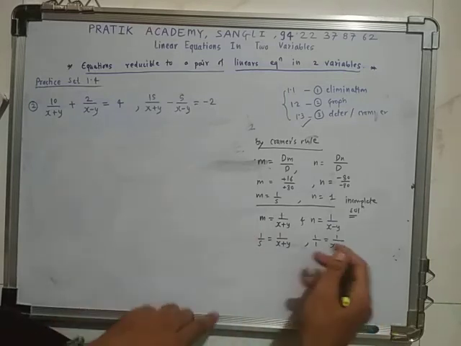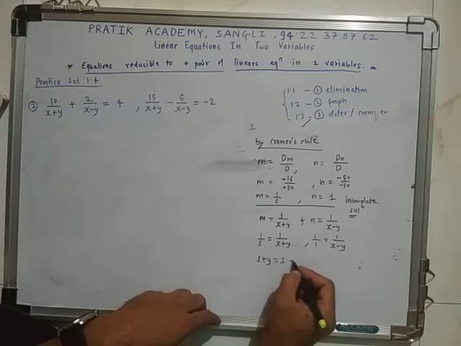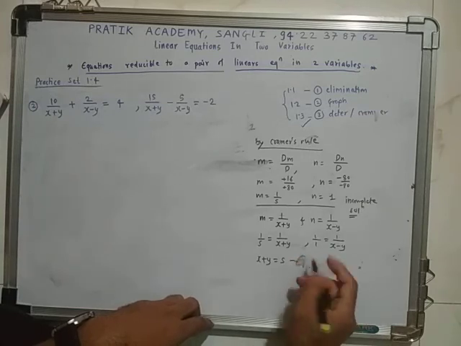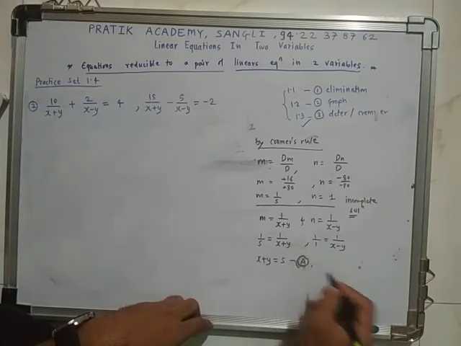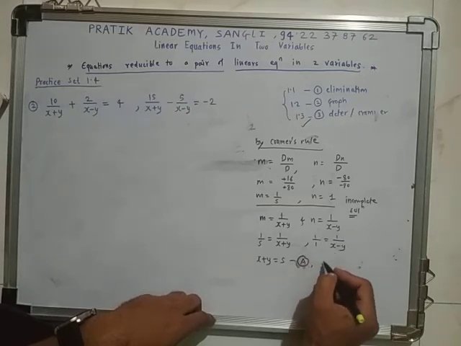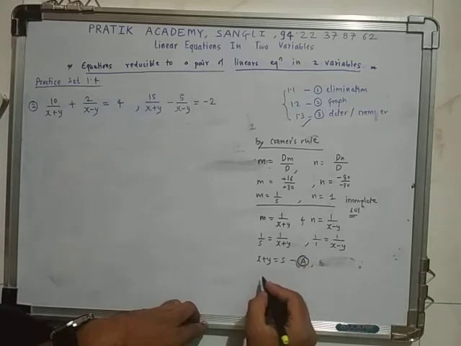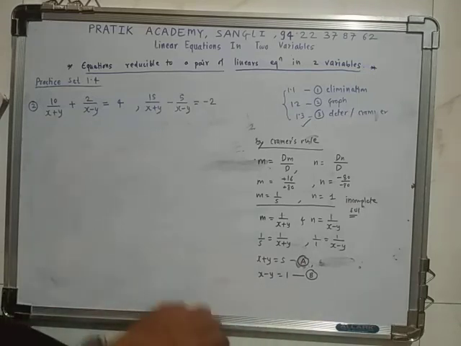Take reciprocal here and here, you will get x plus y as 5. Call this equation A, and here it will become x minus y as 1 by taking reciprocal. Call this equation B.